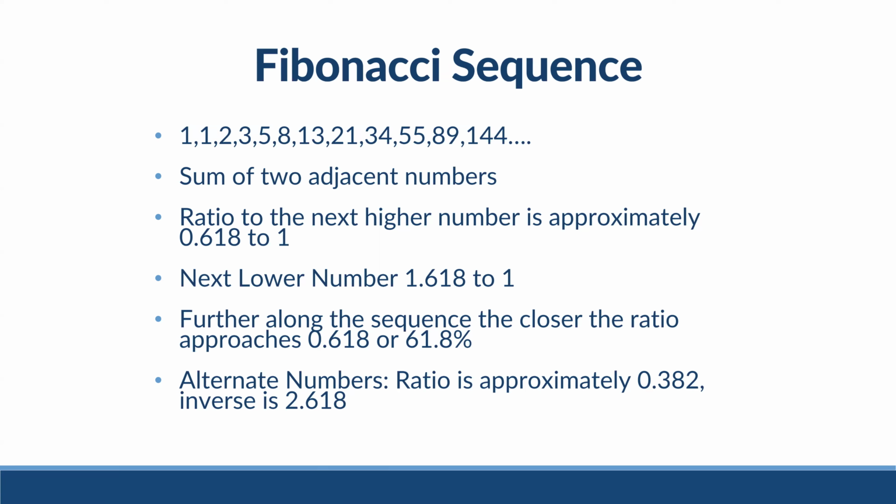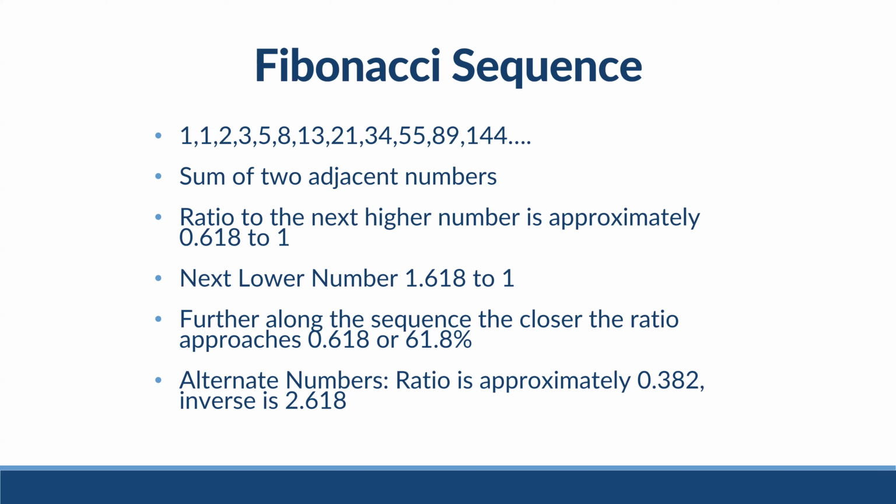And if you use alternate numbers, that ratio is approximately 0.382 and 2.618. So it's the inverse, right? The inverse of 0.382 is 2.618. This is where we get those extensions from: the 1.618, the 2.618, the 3.618.